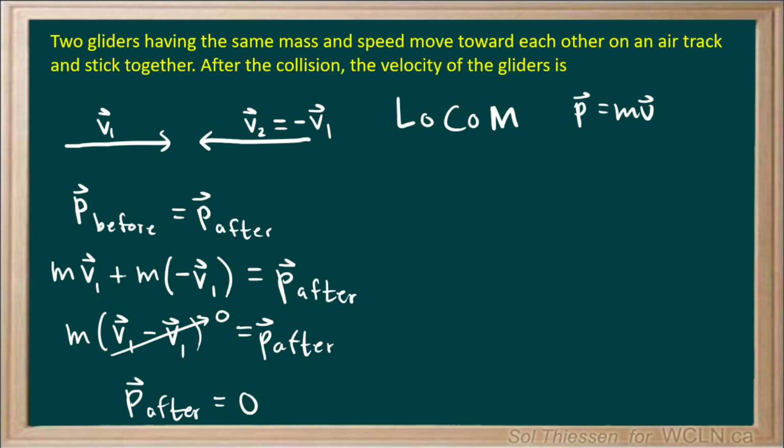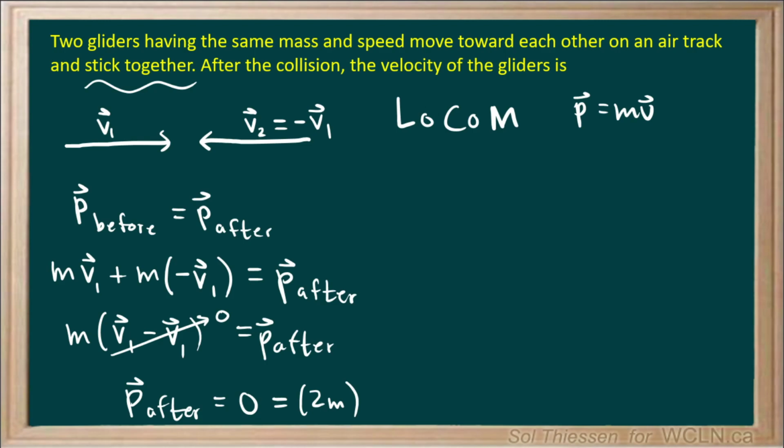Now we also know that the momentum after this collision will be equal to the mass of the system, since the two gliders have stuck together. That will be 2m, so 2 times the mass of an individual glider, times their combined velocity.